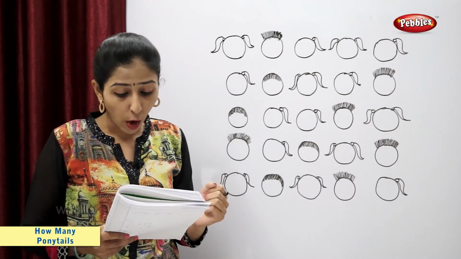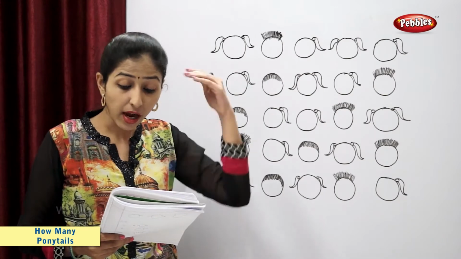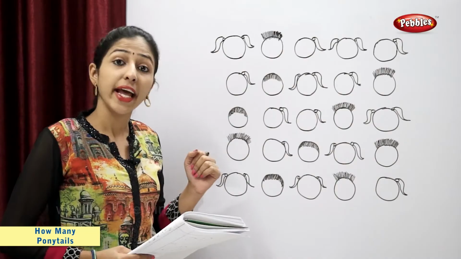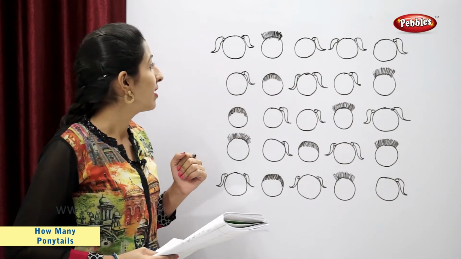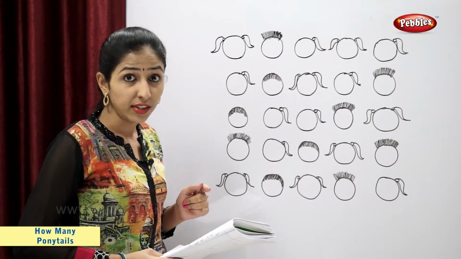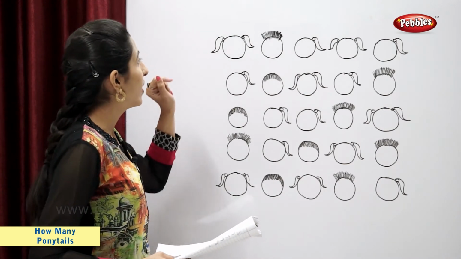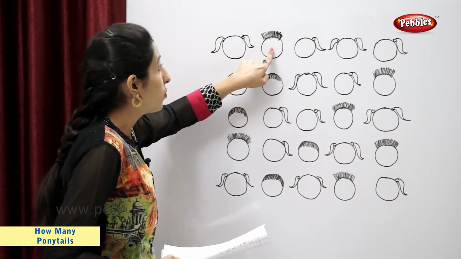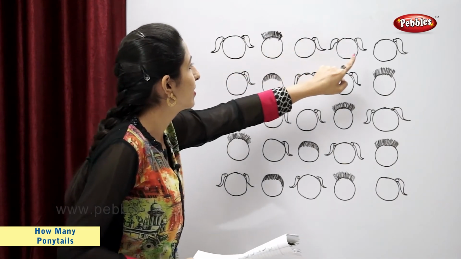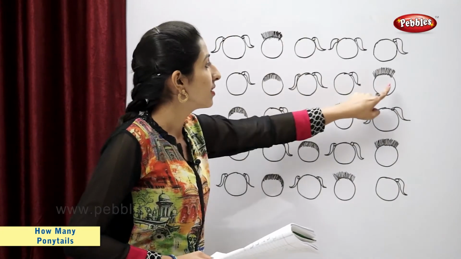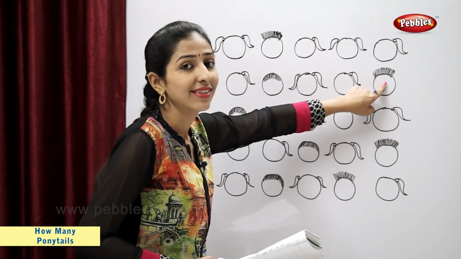There are how many children with their hair up? Students, look at this chart and tell me. Students with their hair up. Let's count. 1, 2.